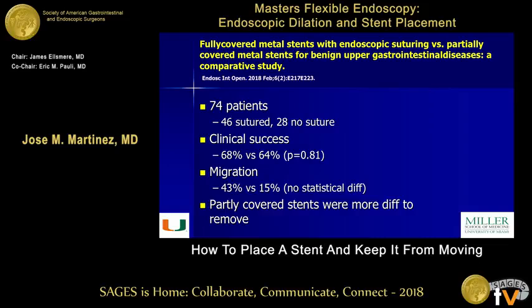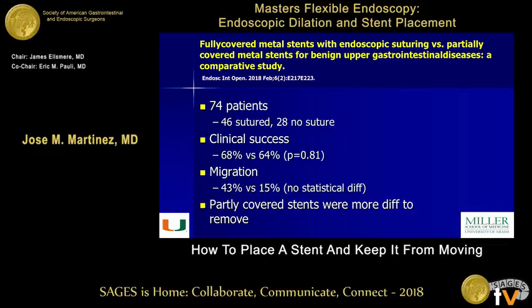And this is where it confused me, because this study evaluates a combination of what I like to do. Let's say we have benign disease and we're going to use fully covered stents and suture them, and compare that to using partly covered stents without suturing. A total of 74 patients: 46 were sutured, 28 had no sutures.